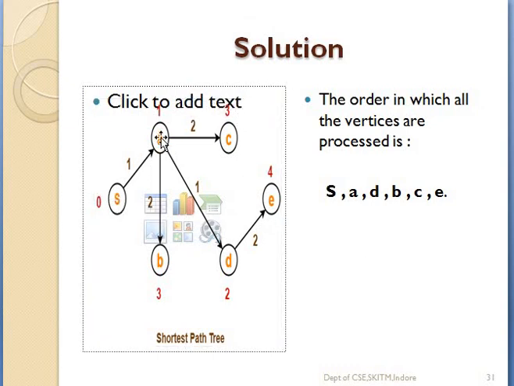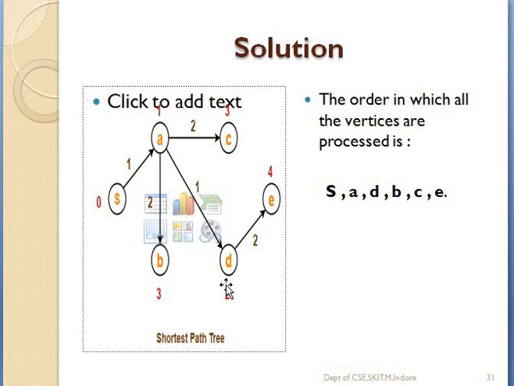From S to A, the total cost involved is 1. From S to C, the total cost involved is 3. From S to B, the shortest path cost is 3.